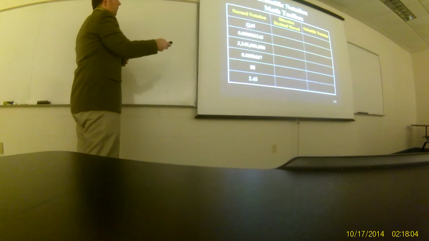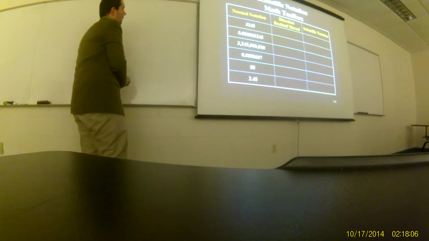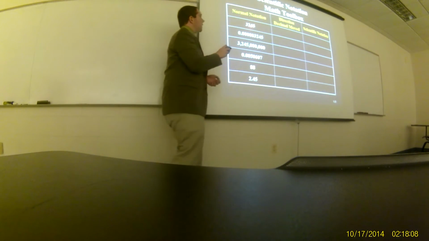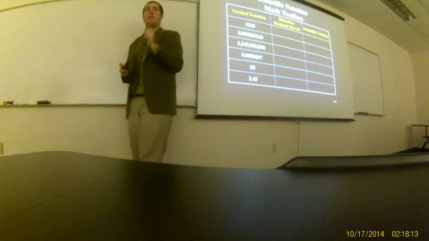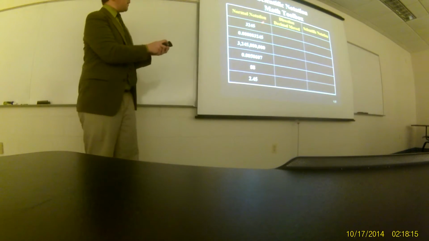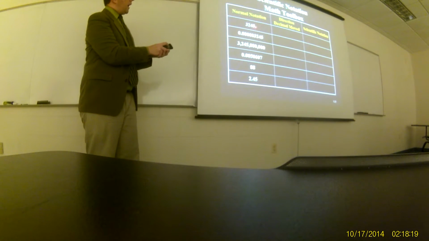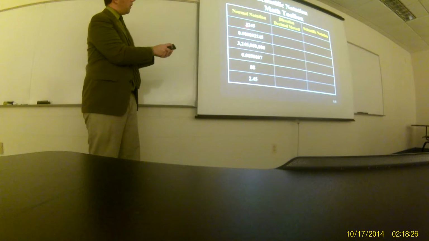So let's start with this one. We have 3,245. Where is the decimal point currently? Behind the 5. It's after the 5. We don't write it, but it is there. We need it to be after the first non-zero. The 3 is our first non-zero, so we need to get it here.